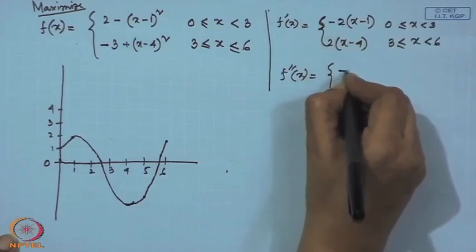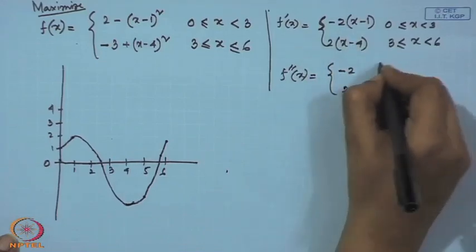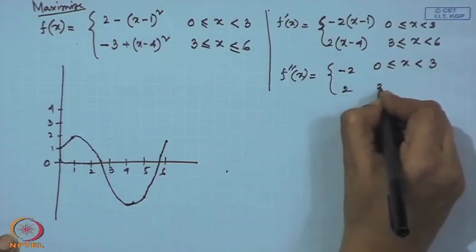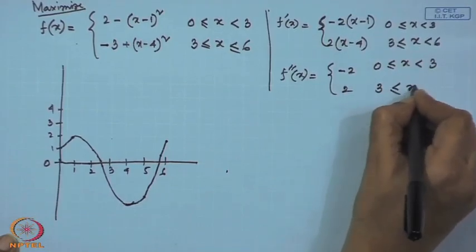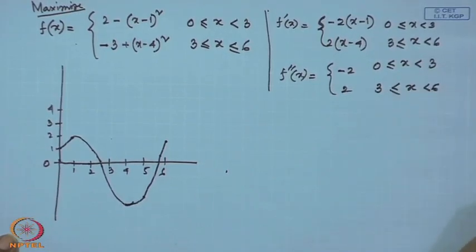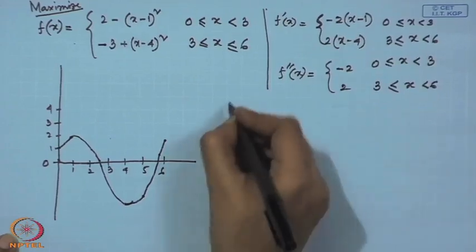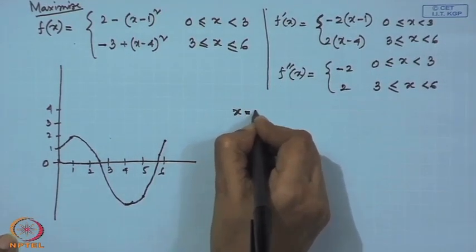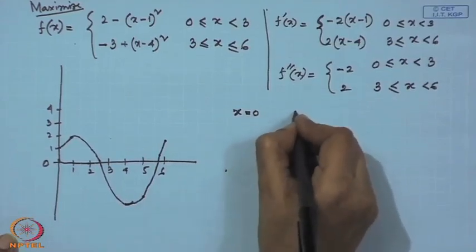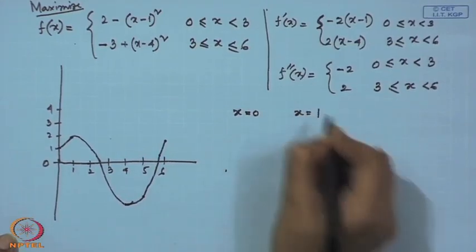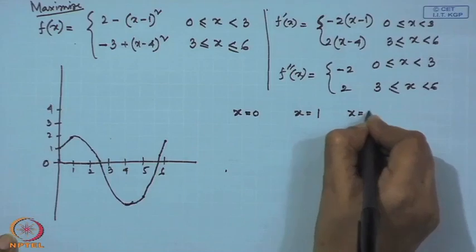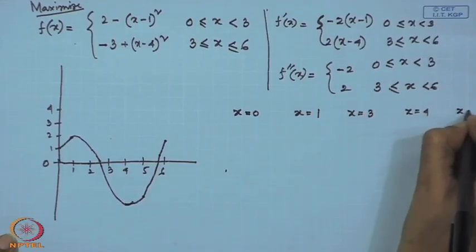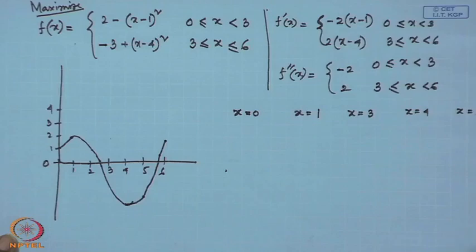This would be equal to minus 2 for x less than 3, and equal to 2 for x greater than 3. Now, let us see what is happening at the points x equal to 0, x equal to 1, x equal to 3, x equal to 4 and x equal to 6.